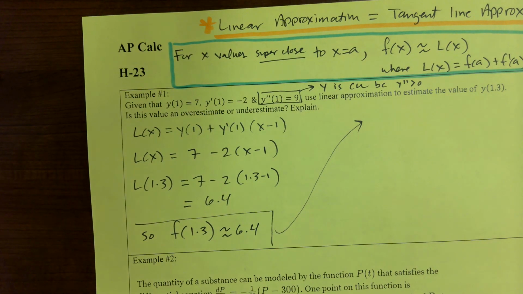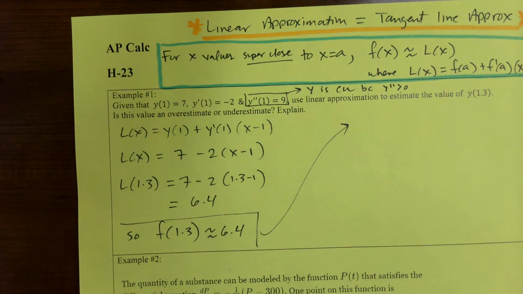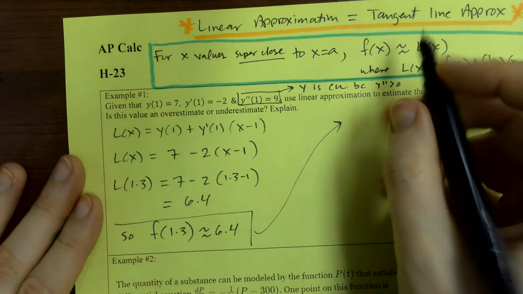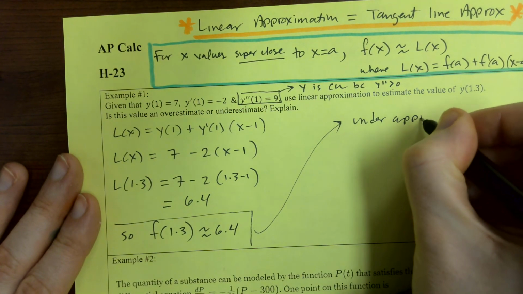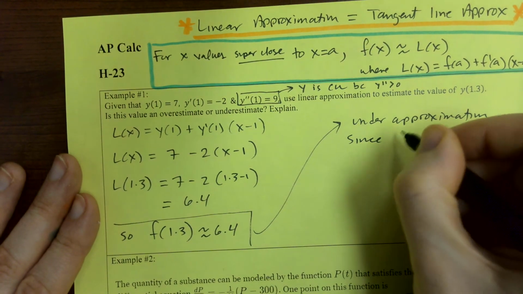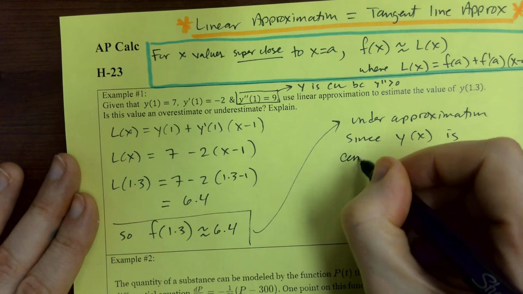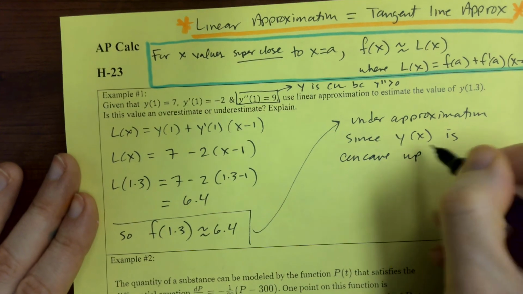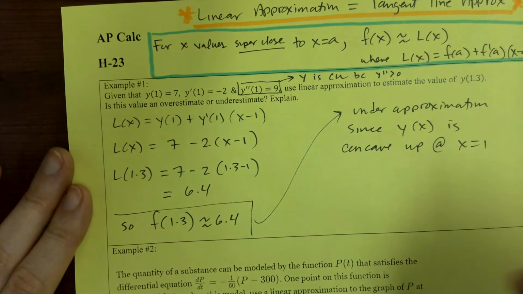If y is concave up, then the tangent line is under. So it's going to be an under approximation since y of x is concave up at x equals 1.